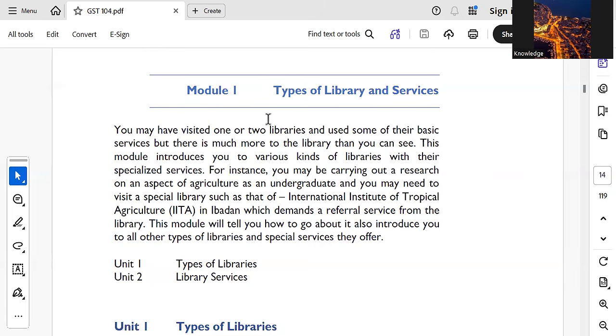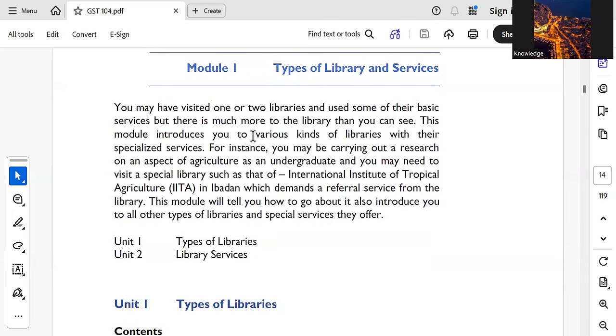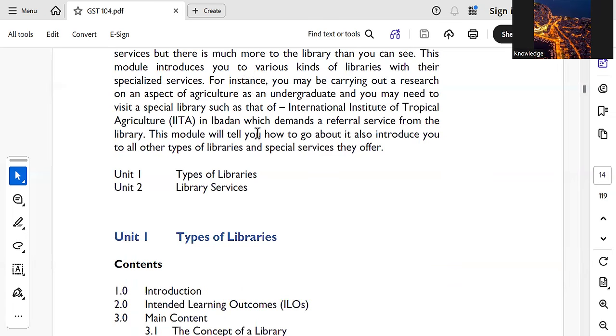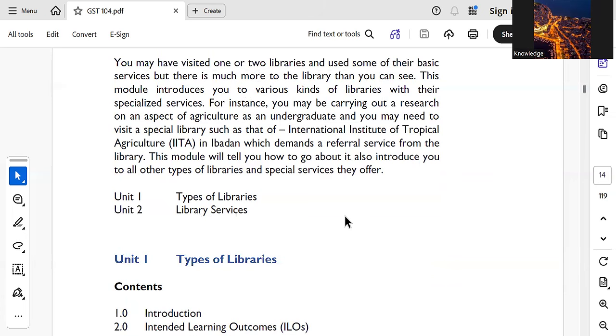You will learn the proper definition when we enter Module 1, Units 1 and 2. In our first class after this introductory class, we will talk about the definition of a library, the brief history of the library, types of library services, and the types of libraries we have.